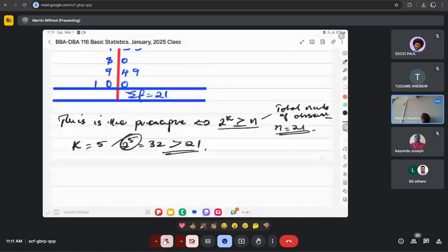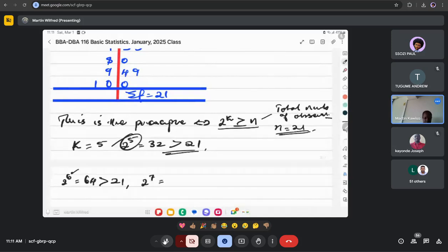2 to the power 6 is 64. 64 is greater than 21, so 6 can also be k. 2 to the power 7 is 128, which is greater than our 21.